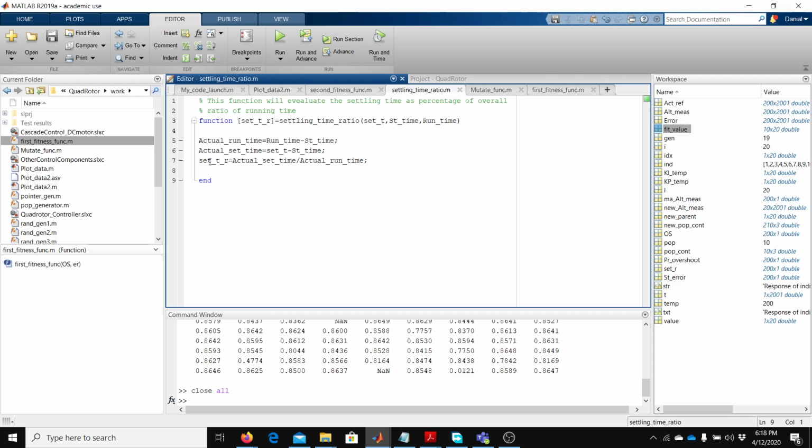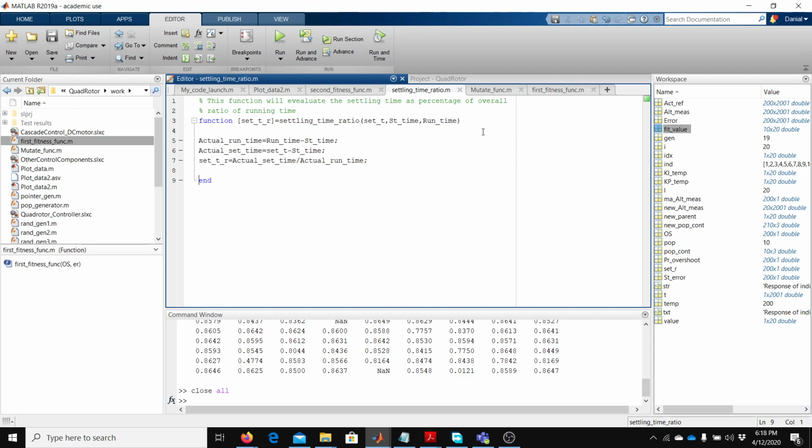We then measure our settling time using stepinfo, which is a MATLAB function, and then we find the ratio. The ratio tells us how long it took throughout our duration for the system to reach within the desired error limits. It's always going to be a ratio, because let's say you're running this experiment for 15 seconds, you want your settling time to be small enough so that you reach your desired point within that error percentage as soon as you can.